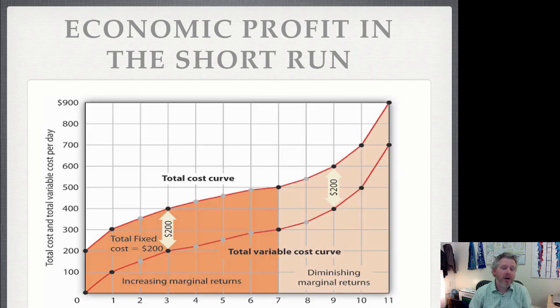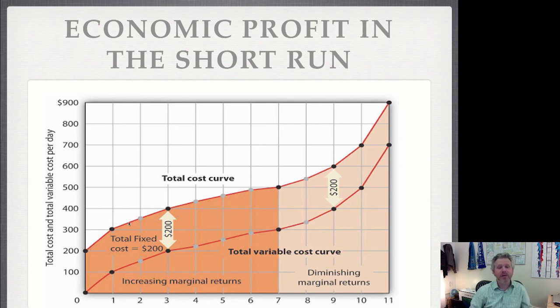So you may recall what the total cost curve looks like here. This is a picture from, I think, Chapter 6. The total cost curve starts here and intersects the vertical axis at the fixed cost. So this particular firm in this picture has a fixed cost of $200. Before they can even produce the first item, they incur a cost of $200.